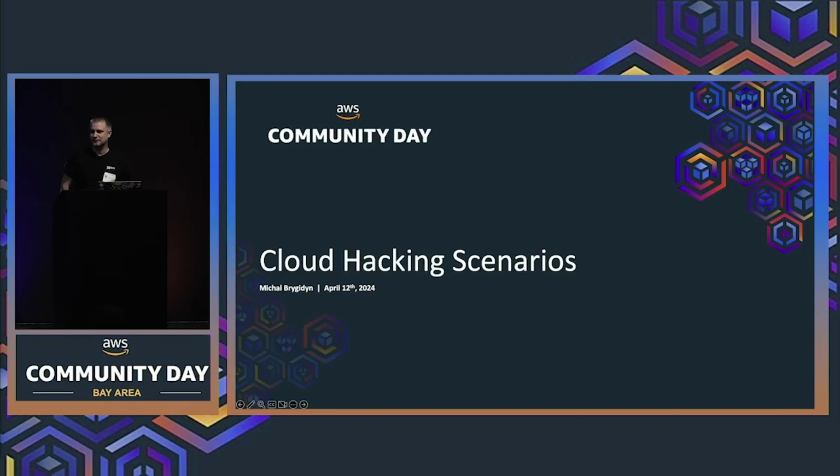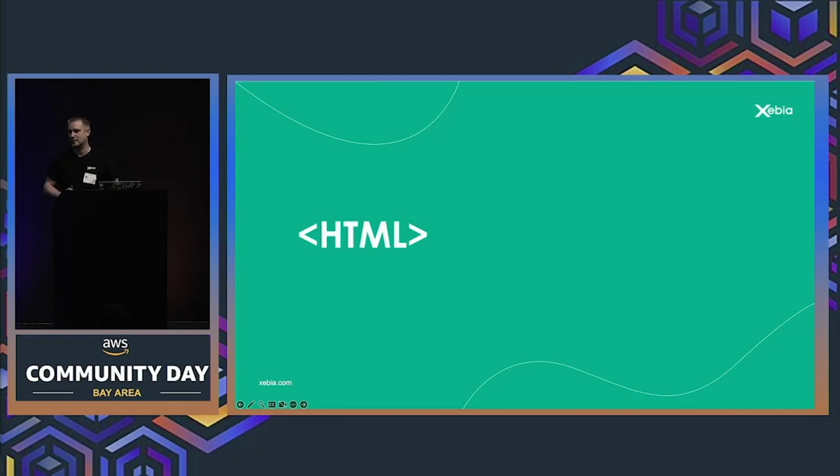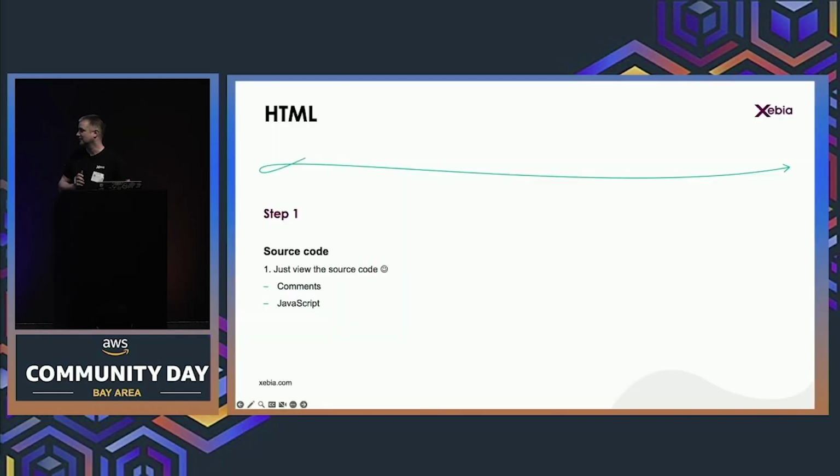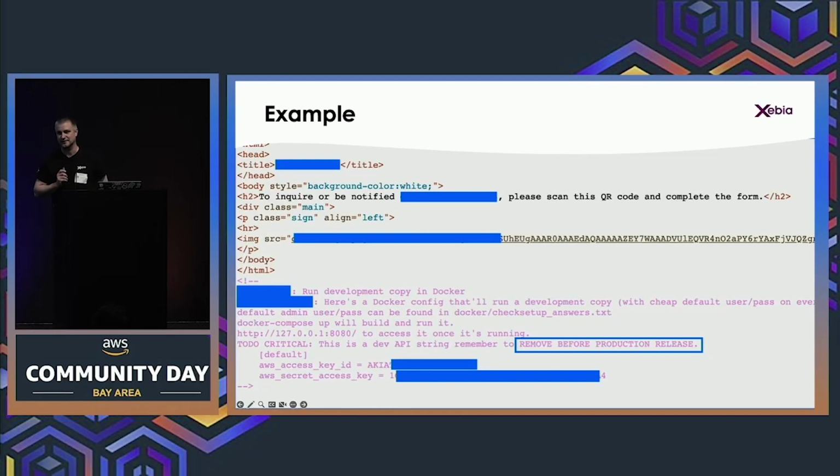Let's start with something quick and easy. First scenario, HTML. How to hack into someone's cloud using just HTML? This is a trivial scenario because you just need to view the source code of a website. And if you do so, you can find things like that.